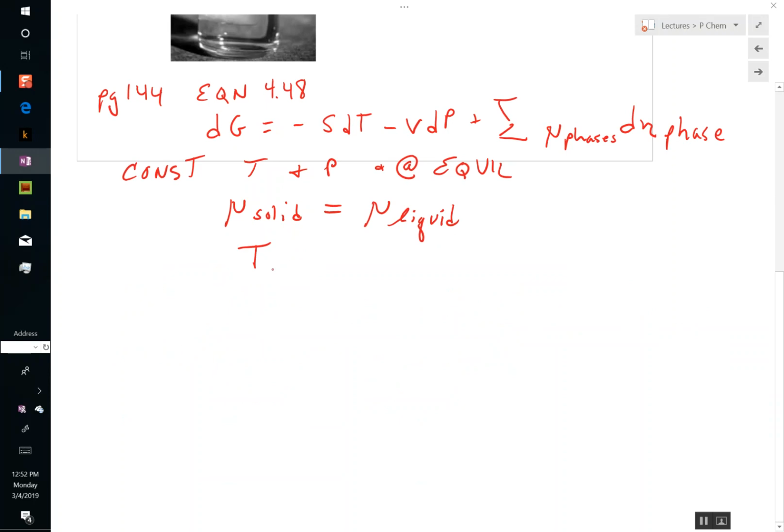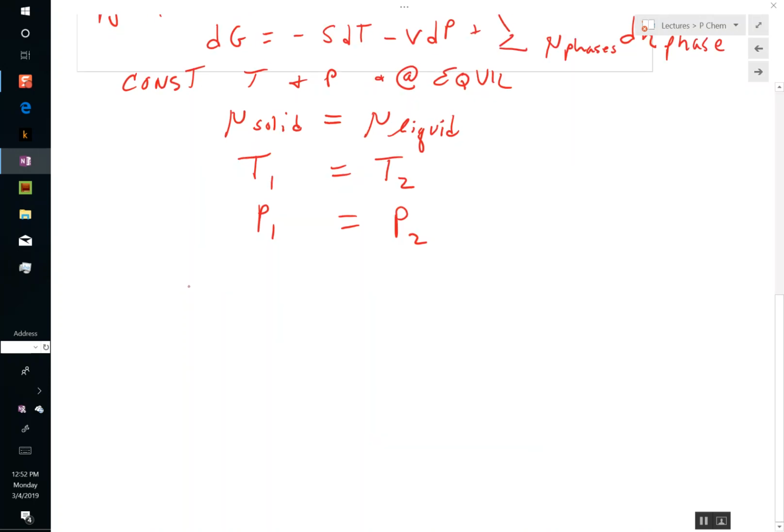The temperature of phase 1 equals the temperature of phase 2. The pressure, like I just said, we're at constant temperature and pressure. So the temperatures are the same, the pressures are the same, the chemical potentials are the same.